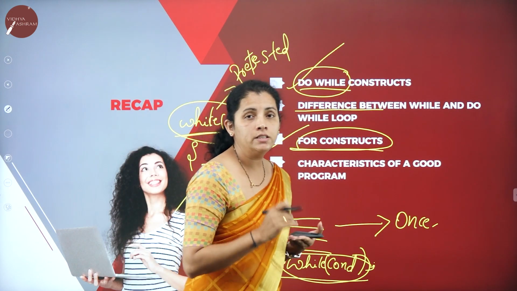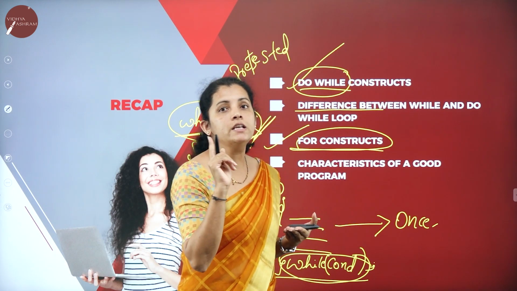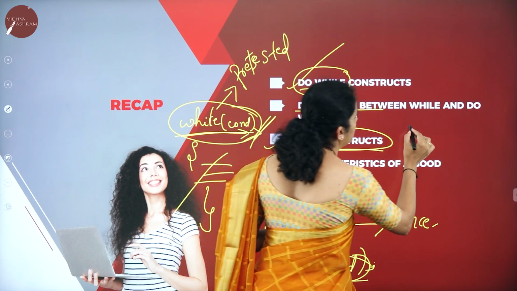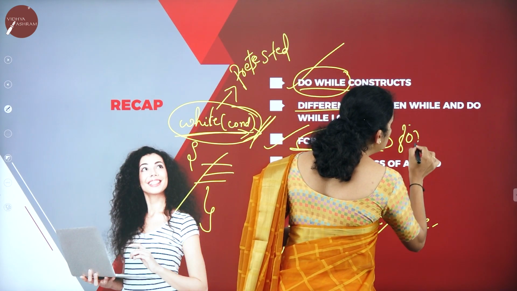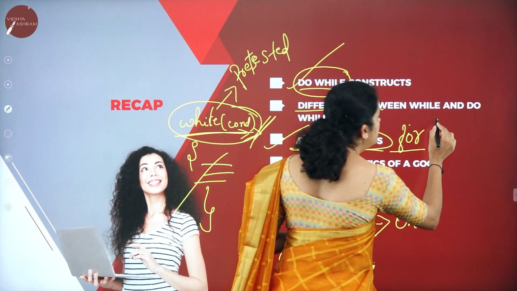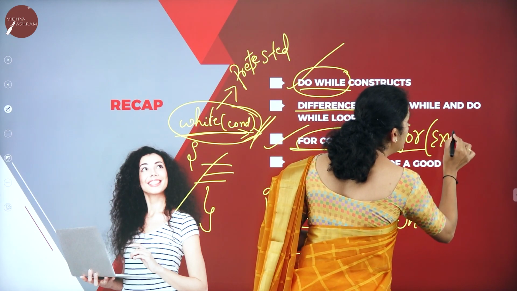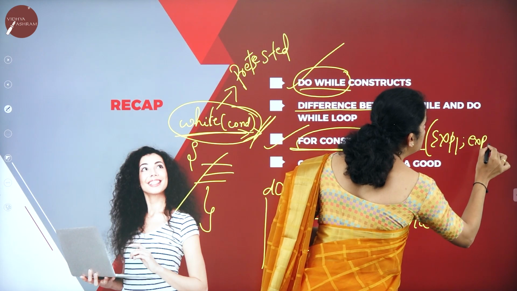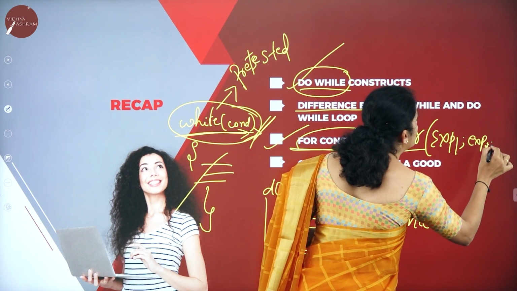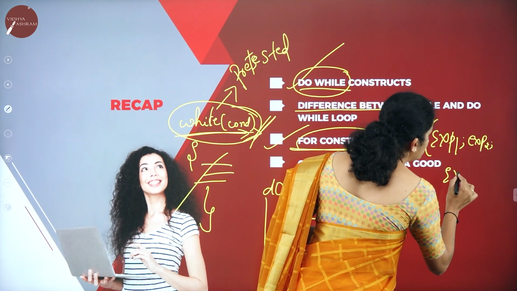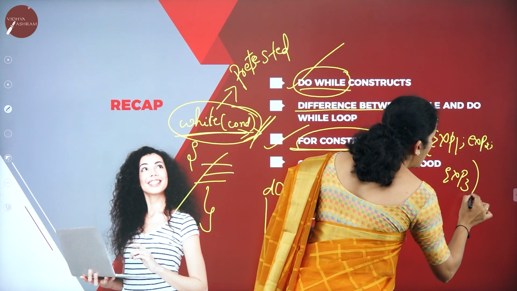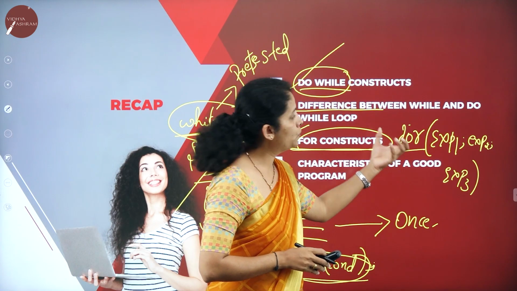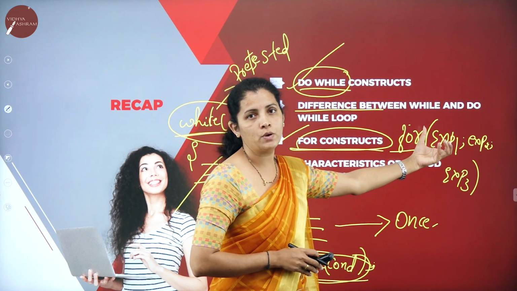Just remember that each for loop includes 3 sections. I use the keyword for, then expression 1, expression 2, then expression 3, and I differentiate these expressions with the help of semicolons.